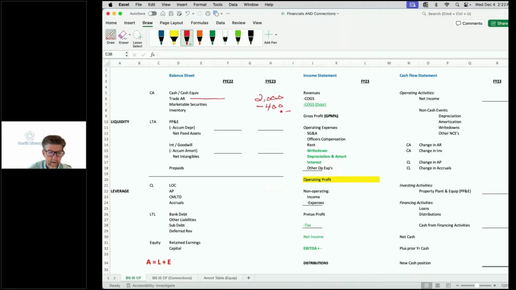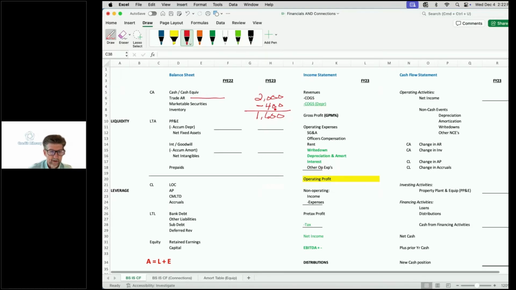So AR is going to decrease by 400,000. So what's left is 1.6 million. That makes sense. They're not going to receive that AR, so that AR is going to basically vanish. It's going to go away. So we go from 2 million to 1.6 million.